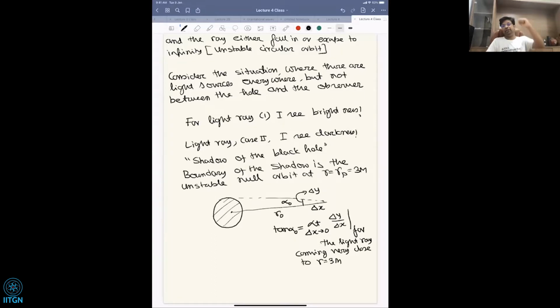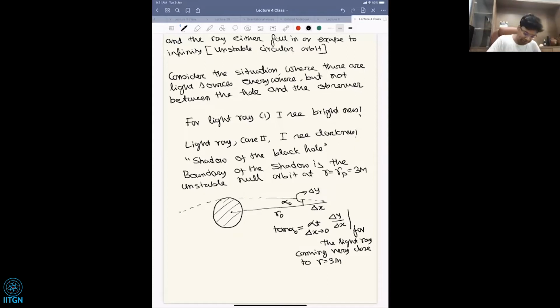See, I cannot say exactly the light ray which is exactly at r equal to 3m will come, because it may spiral back into the black hole, depending on the perturbation. But for a physicist's sense, I can think of that as the last ray which is coming to me.